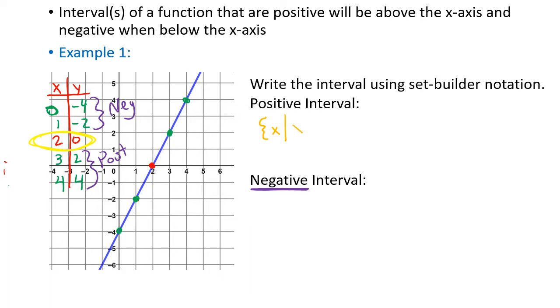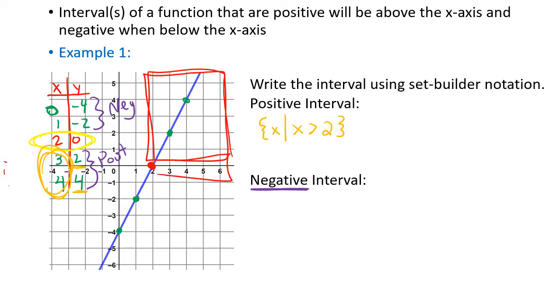So therefore, x has to be greater than 2 because that's where the positive interval is occurring, because the y values are positive. But we are talking about it in terms of x. Hence, x is greater than 2. So any x value greater than this red point, this section of the graph, that's the positive interval. That's what we're describing here in our notation.